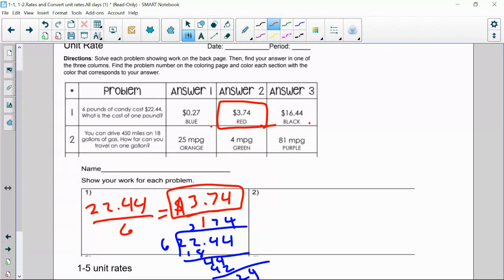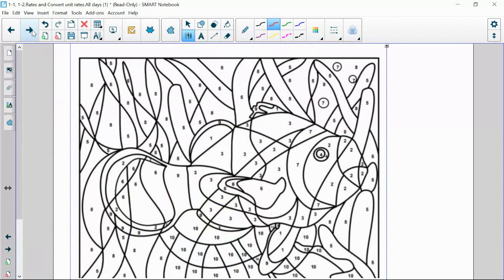Now, how are we going to color this? If you look at the picture, there is no $3.74. See, your problem number right there, that is the number you look for to color it red. So when we go to the next page where the little fishy is, everywhere you see a 1 here, you're going to shade it in red the best that you can.